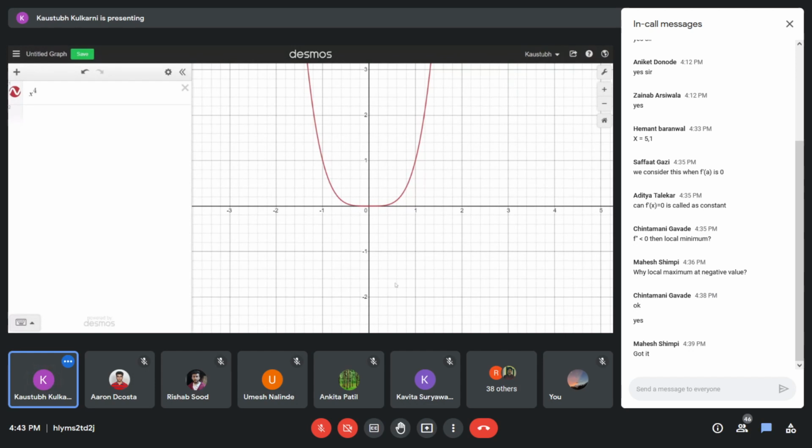This is not a local minima as such. If you see how x cube looks, this is the inflection point I was talking about.